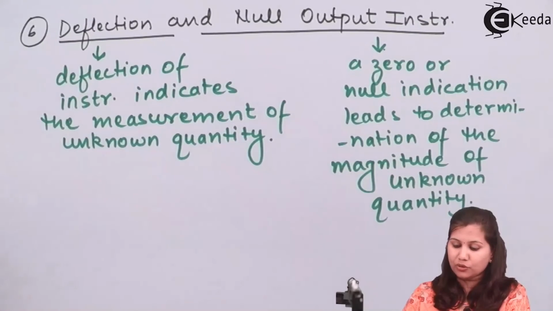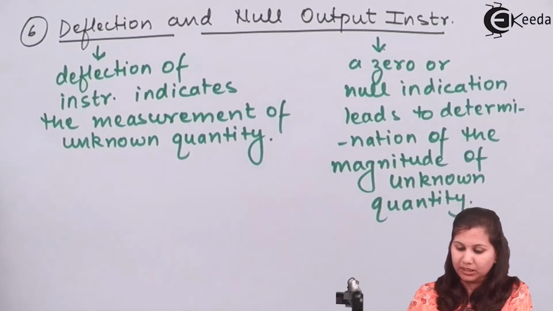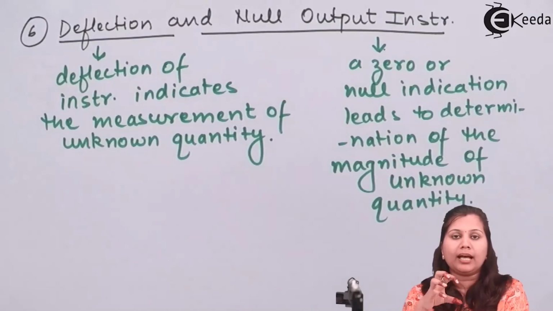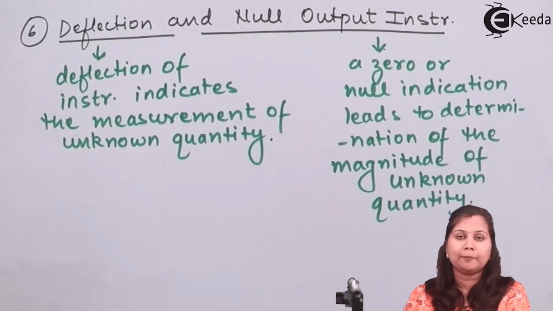The deflection instruments example is the PMMC instrument, that is permanent magnet moving coil instrument. In these instruments, a coil is present in between a magnet. Electricity is provided, and due to that, a magnetic field is generated, and the coil in between the magnet moves.